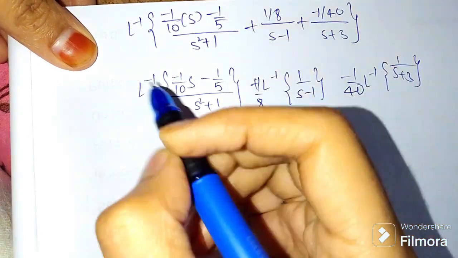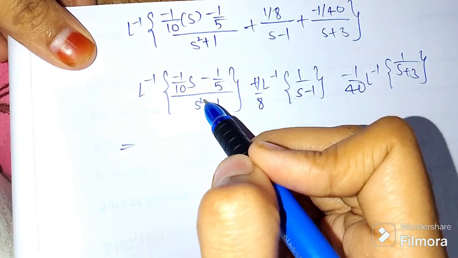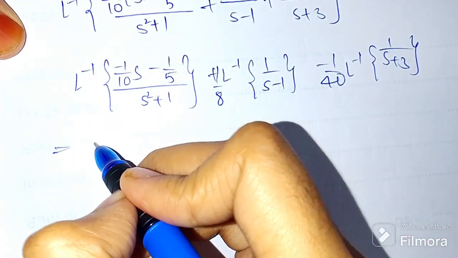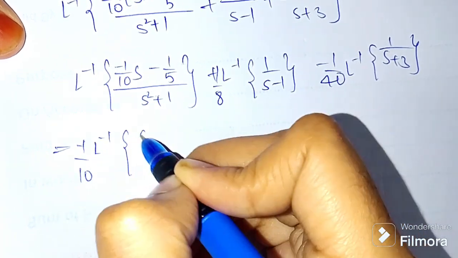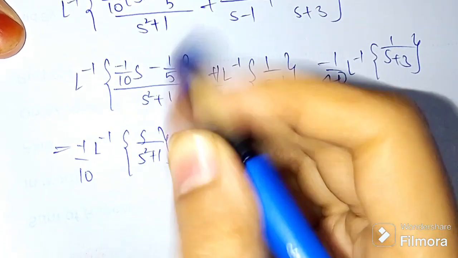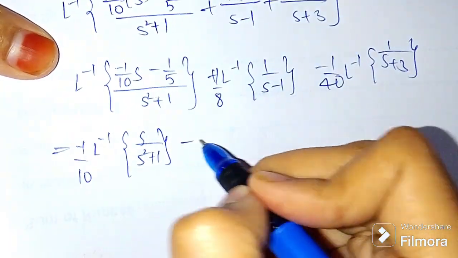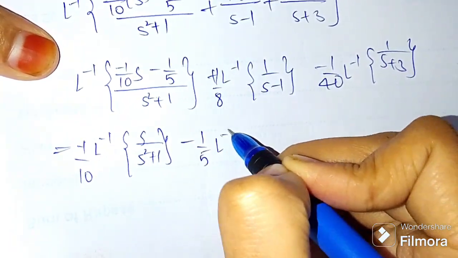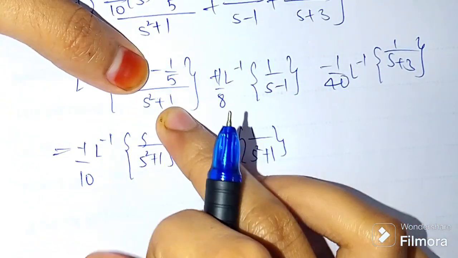Again this will be divided, so again I can apply linear property. Minus 1 by 10 Laplace inverse of s by s square plus 1, this term. Next, minus 1 by 5 Laplace inverse of 1 by s square plus 1, I applied for this term.